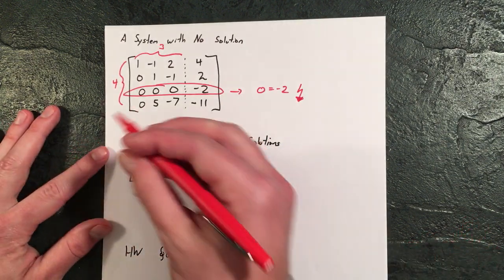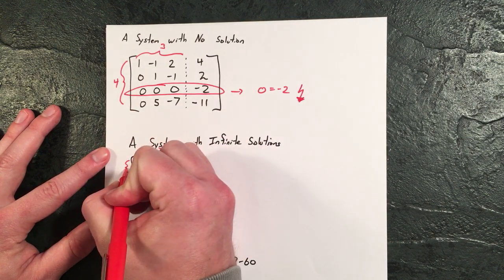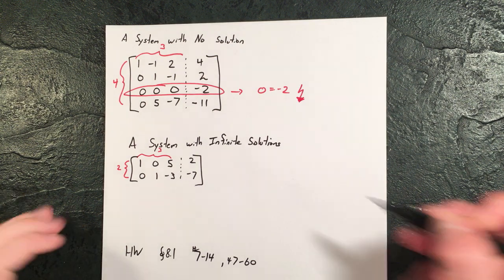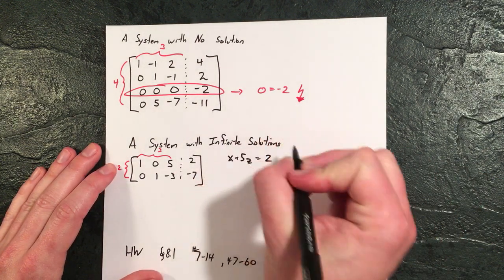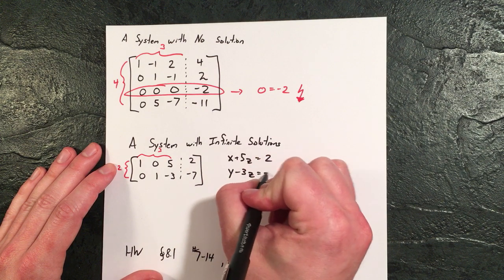Here, you should be noticing this is kind of a smaller one, 3 and 2 though. So when we get here, there's in fact going to be an infinite number of solutions, and this is going to be set up like we did in the past, where it's x plus 5z equals 2, and then we have y minus 3z equals -7.